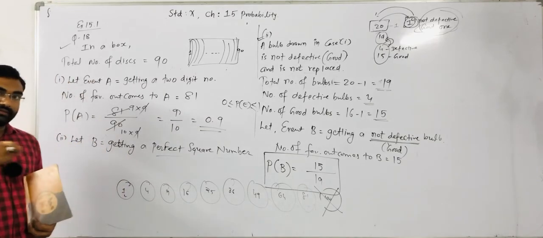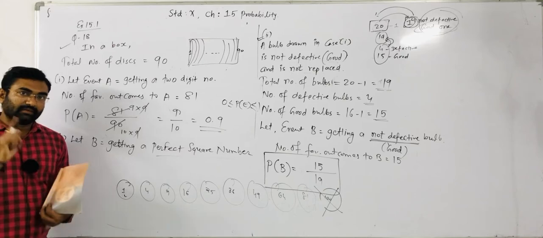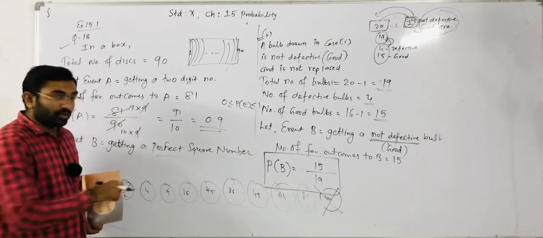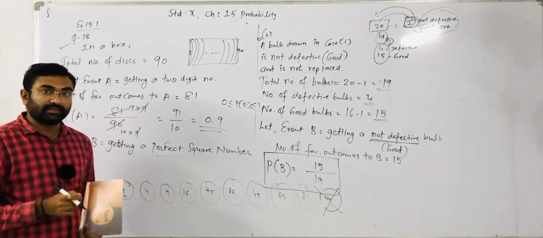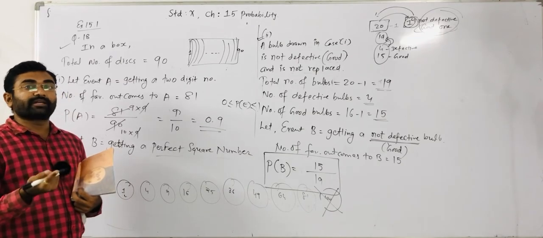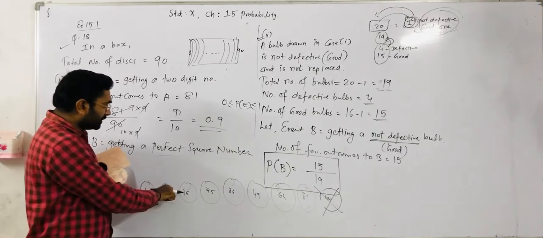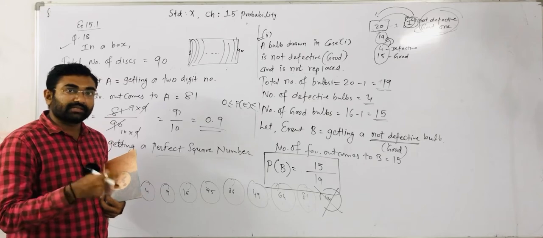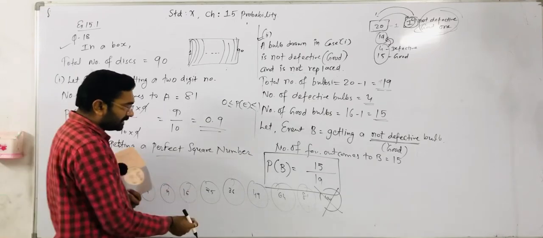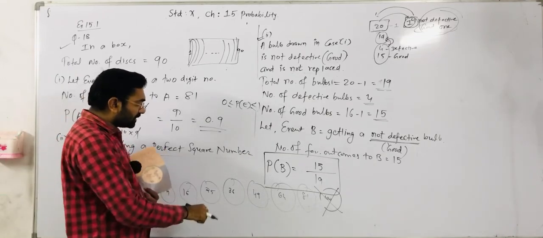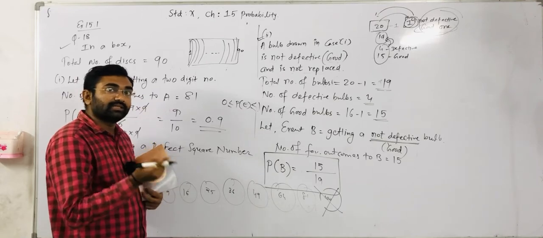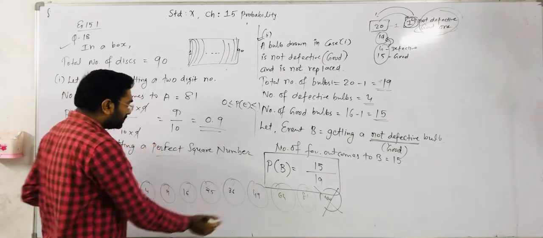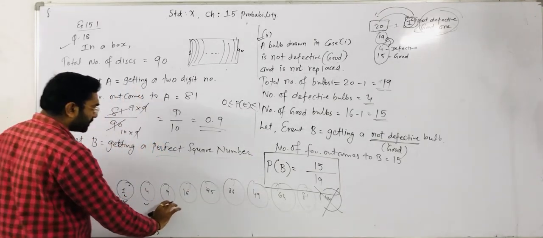If you take 1, we can say it is 1 squared. If you take 4, we can say it is a perfect square of 2. If you take 9, it is a perfect square of 3. 16 is 4 squared. 25 is 5 squared. Right? So how many numbers are perfect squares?